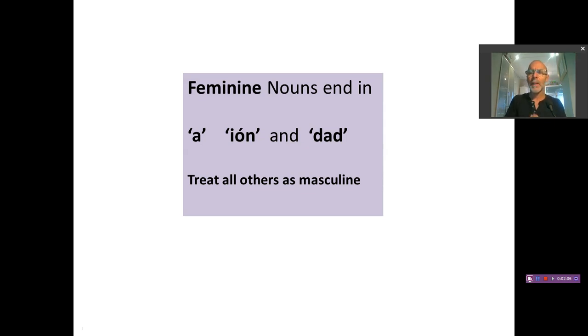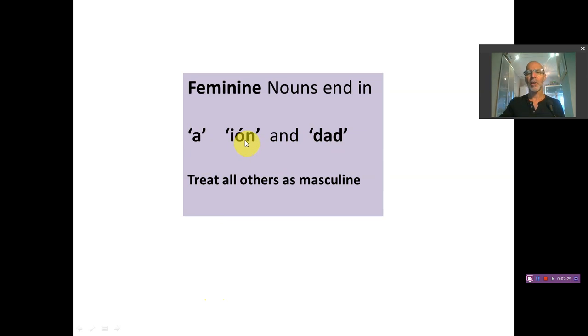I want to remind you now of something that we looked at in the last episode, linked to gender, and that is how you can very quickly identify whether a noun, and when I say a noun, I mean a thing, a person, or a place, is masculine or feminine. Maybe the easiest way to do it is to ask yourself, does this noun end with one of these three endings?